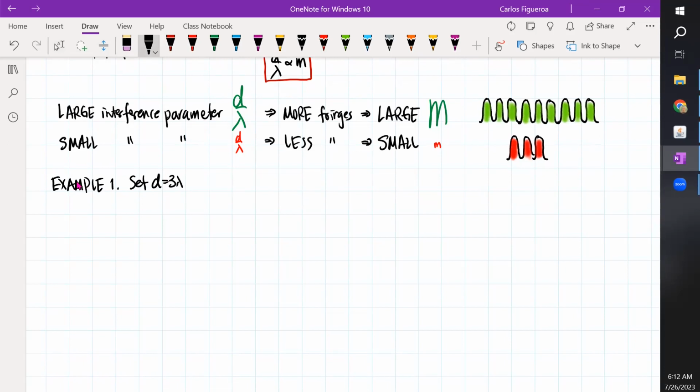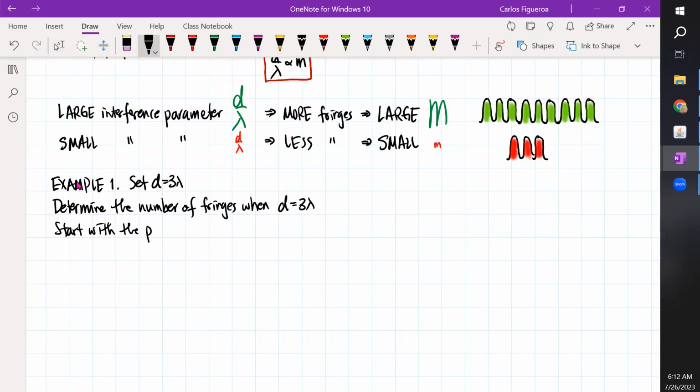In other words, I want to determine the number of fringes when d is equal to 3 lambda. So now I'm going to start with the path difference equation.